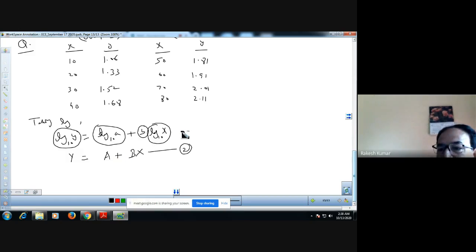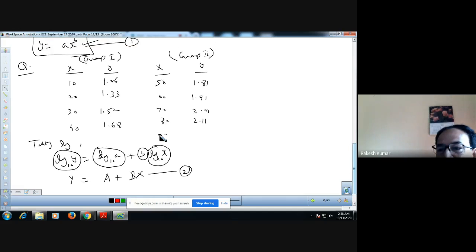Now, let us calculate the new values for capital X and capital Y for group 1. Similarly, we shall calculate capital X and capital Y for group 2. And what is capital X?